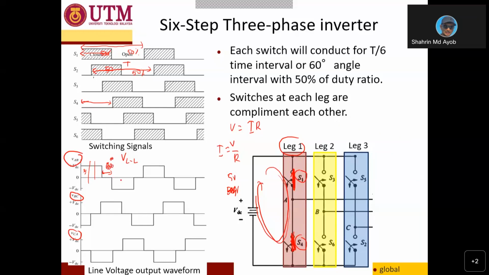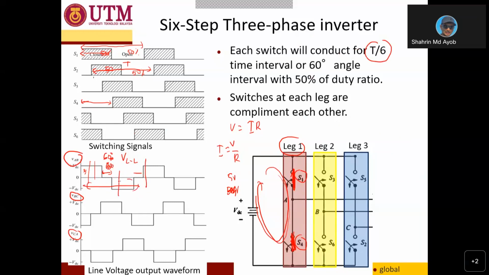The time interval is 60 degrees because one period is divided into 6 segments. So all together there are 6 segments, which means this one is 60 degrees. Each segment is 60 degrees.